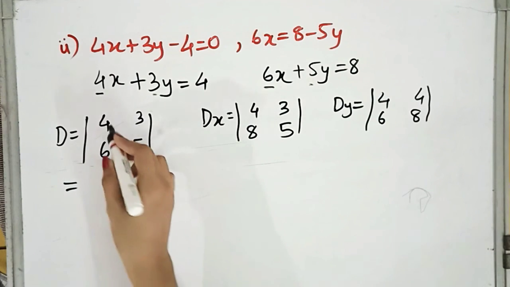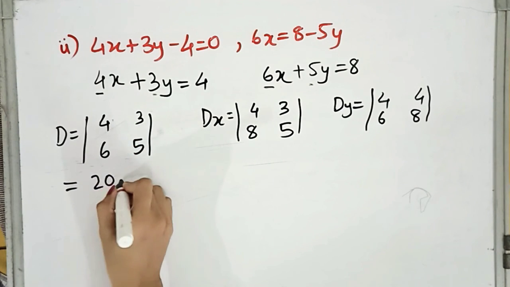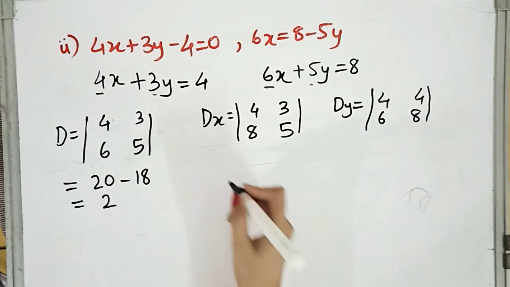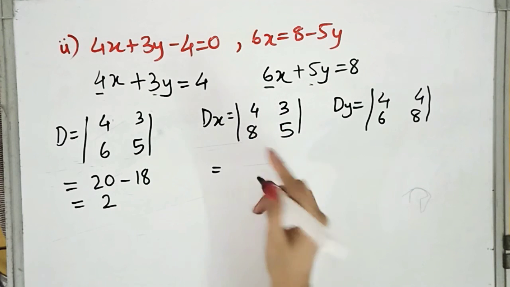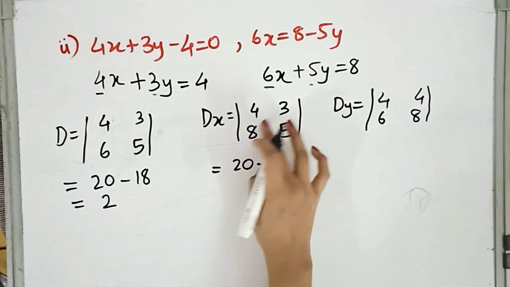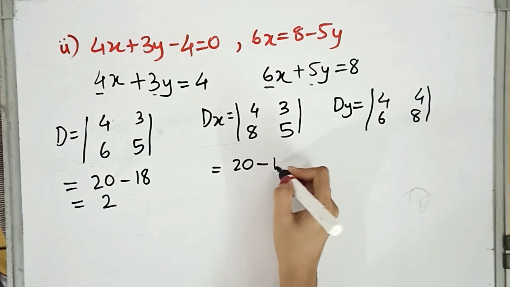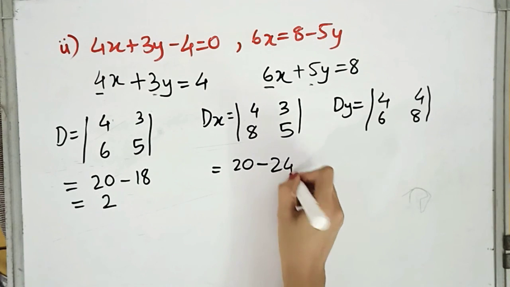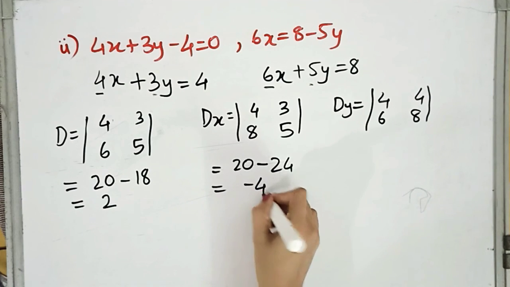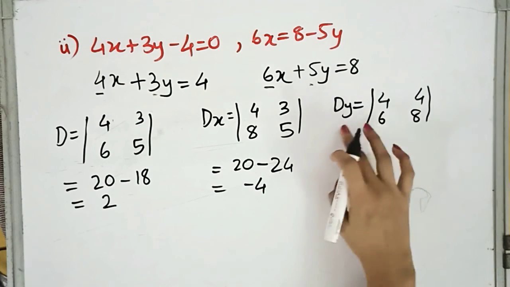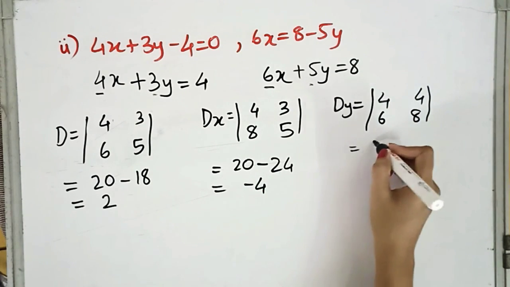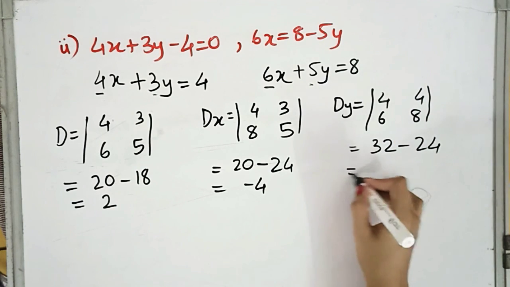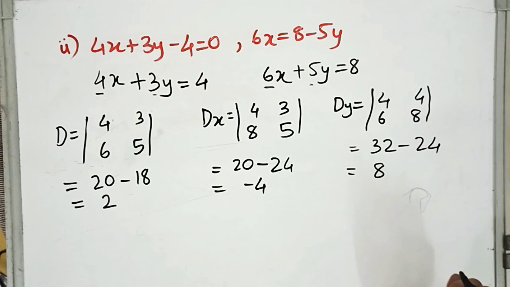By solving this, 4 5s are 20, minus 6 3s are 18. This will be 2. For Dx, 4 5s are 20, minus 8 3s are 24. This will be minus 4. Dy is 4 8s are 32, minus 6 4s are 24. This will be 8.